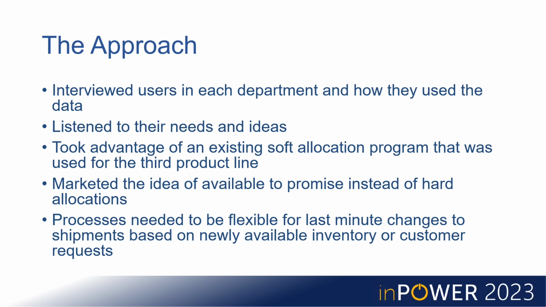And we needed to be flexible because we had last minute changes to shipments based on newly available inventory or customer requests, or we had 2 customer orders for different customers and we had to split what we had between the 2 to keep them running. So we had to be able to change on a moment's notice.